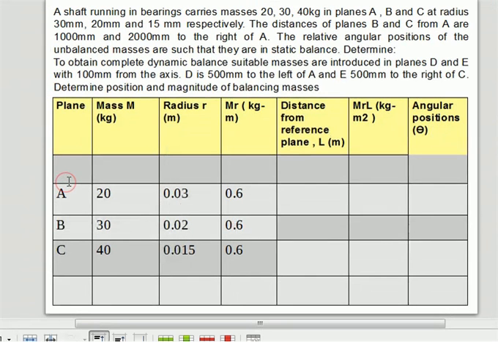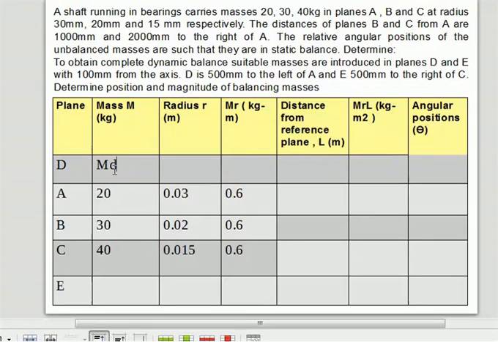Now on the left of plane A there comes plane D according to the statement, and on the right of plane C there comes plane E, and radius are given. Its mass is unknown, you have to find it out.